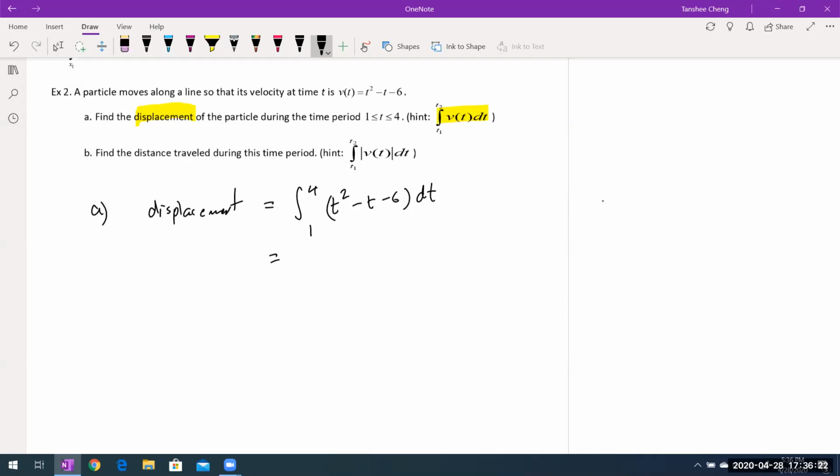When I take the integral of this, notice that we can do it a lot faster now. The integral will be t to the third divided by 3 minus t squared divided by 2 minus 6t, evaluated from 1 to 4.